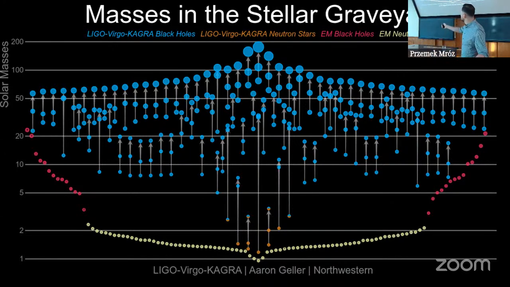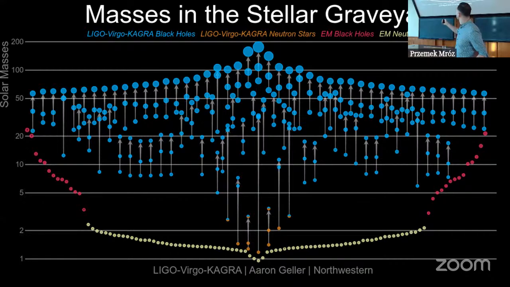They are shown here with blue circles. What I find really striking when I'm looking at this picture is that the masses of black holes detected by LIGO and Virgo are on average several times higher than the masses of black holes that were known previously from electromagnetic observations. They are shown here. So we are finding black holes that are too massive.